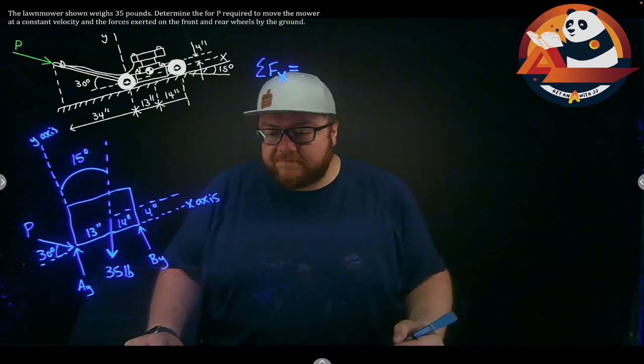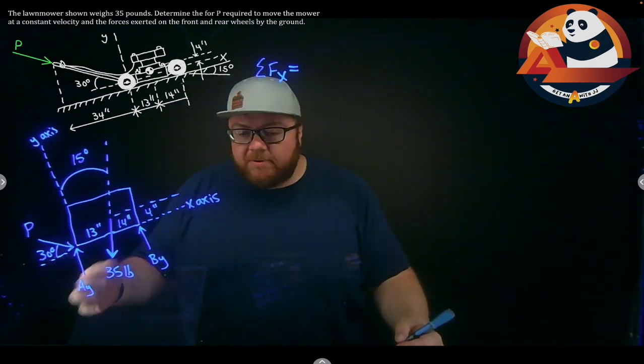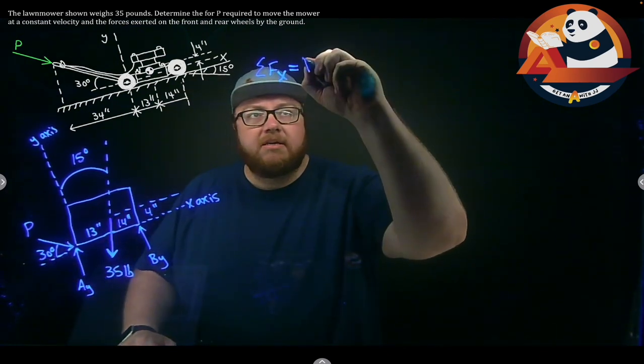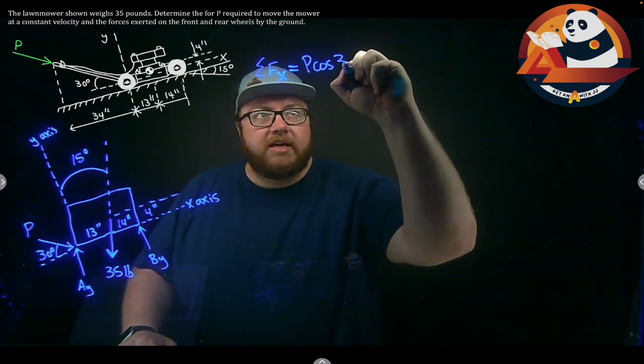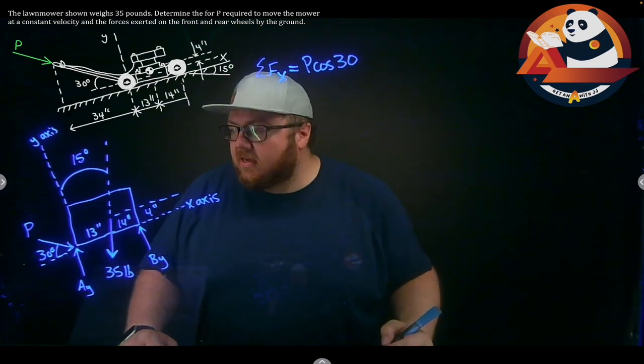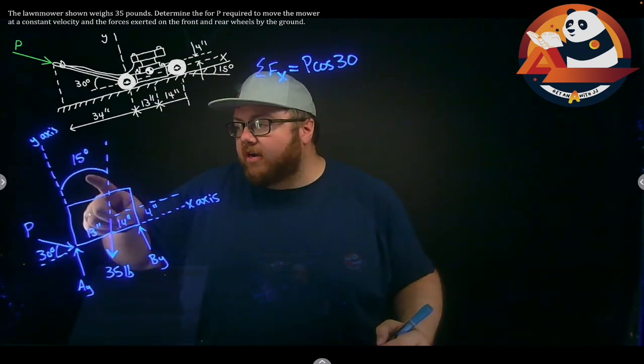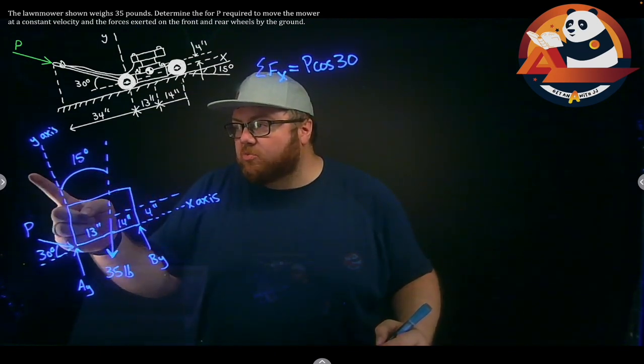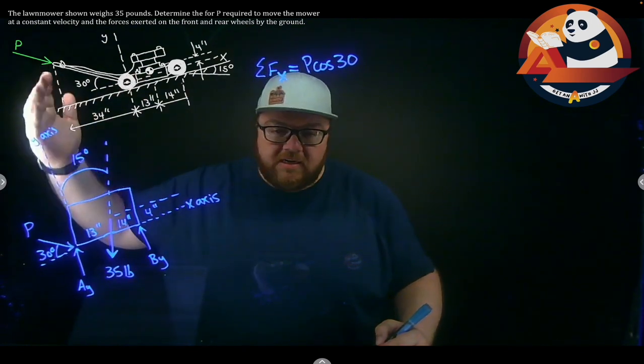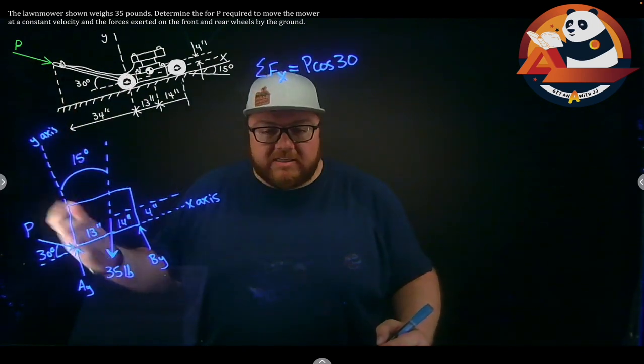We have, well, P is going to have an x component. It should just be P cosine 30. And our weight should have an x component. Well, our angle symbol touches y. That means our opposite sine goes to our x component in here.